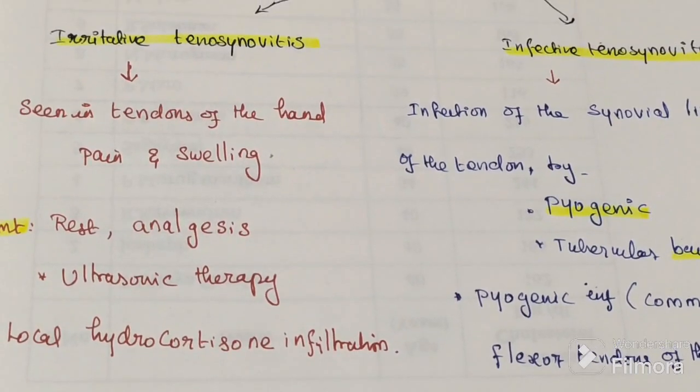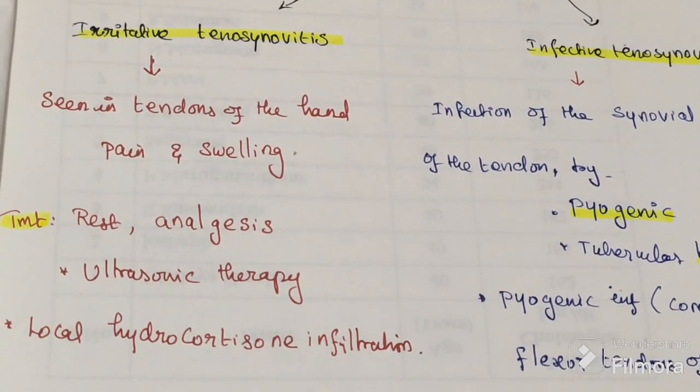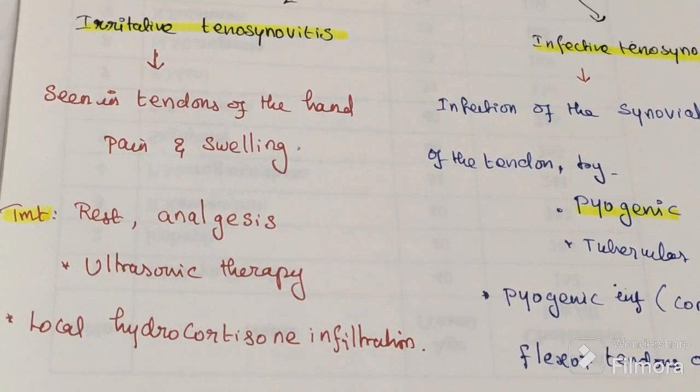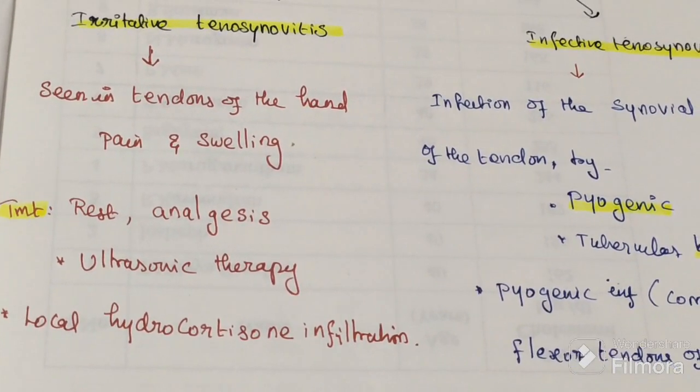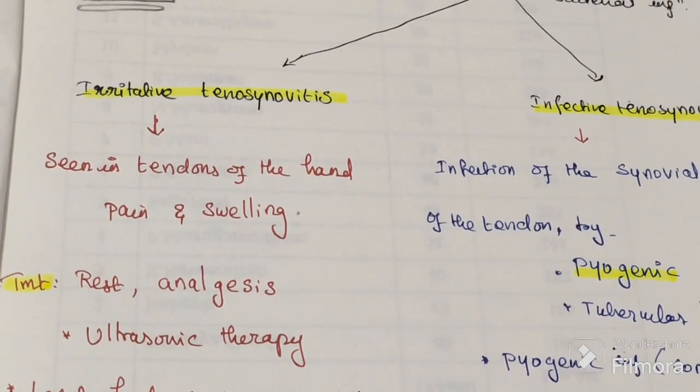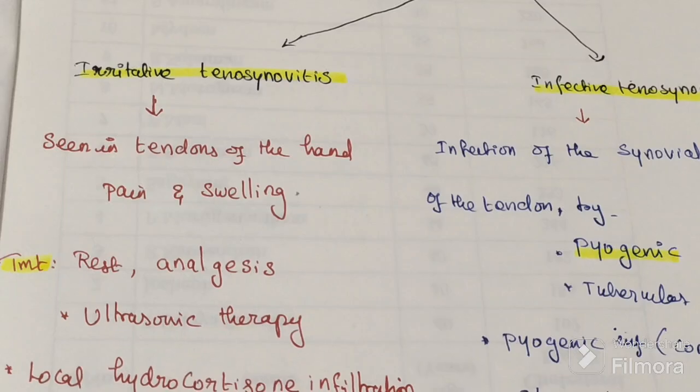Treatment: rest, analgesics, ultrasonic therapy, and local hydrocortisone infiltration. So irritative tenosynovitis is seen in the tendons of the hand.